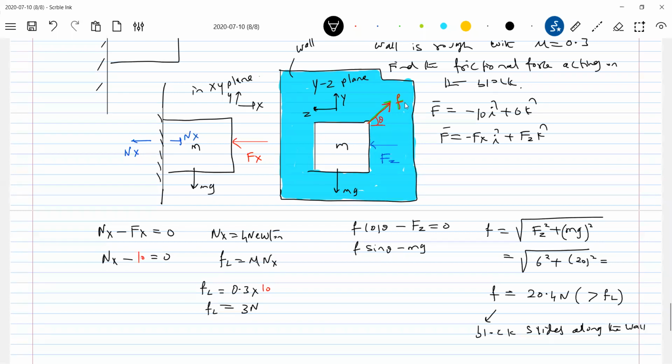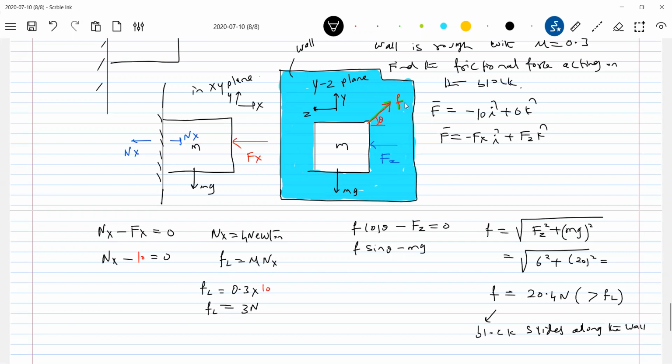It will start sliding because, what will happen to the friction force? Here, how much is the maximum permitted? 3 Newton only. But how much are we getting? Something like this value. So this is not permitted. Therefore the block is going to slide here.